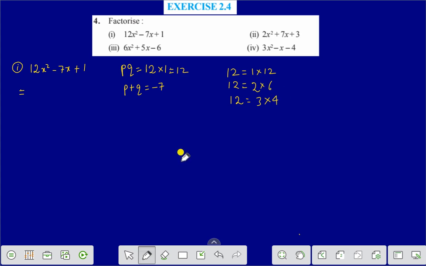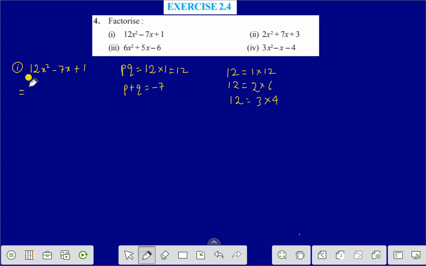That means we can find that pq can be written as 3 into 4, 12, and p plus q is minus 3 and minus 4, which comes to minus 7.